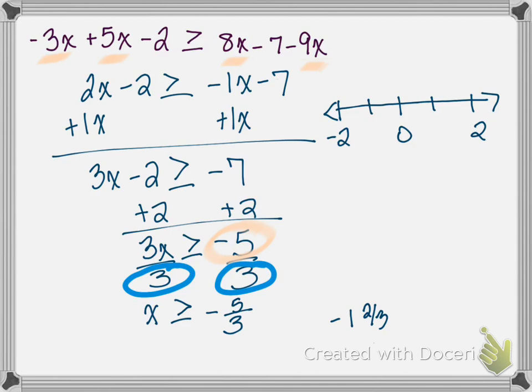A bracket. Why? Okay? Because it says greater than or equal to. Because of this right here. That's why I have the bracket. Am I going right towards infinity, or am I going left towards negative infinity?